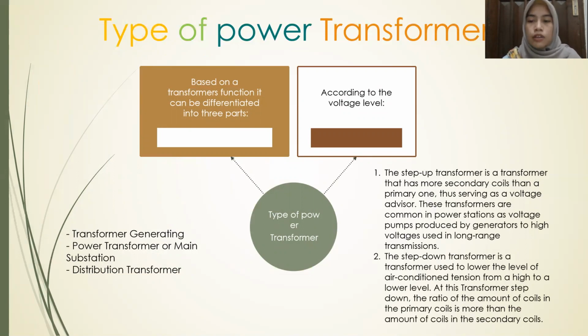The step-down transformer is a transformer used to lower the level of alternating voltage from a high to a lower level. In this transformer step down, the amount of coil in the primary coil is more than the amount of coil in the secondary coils.